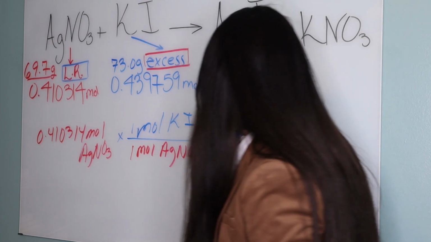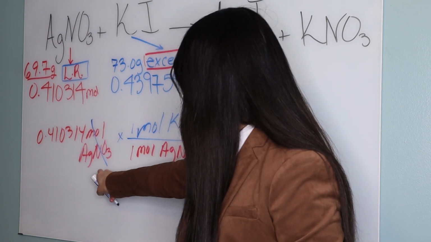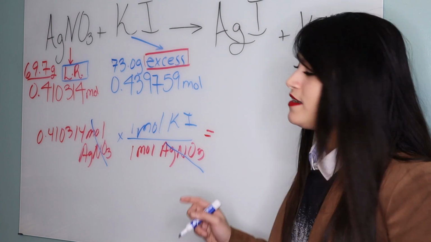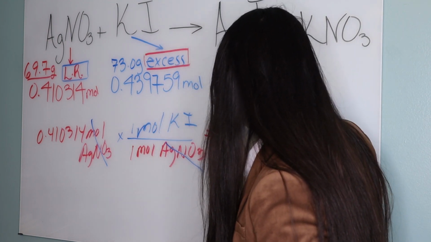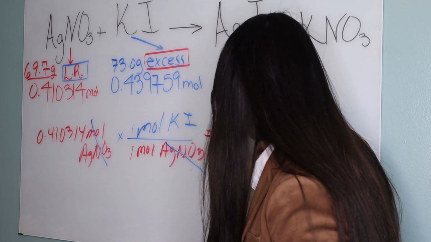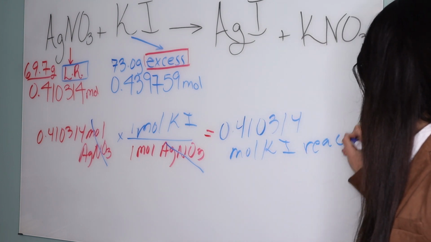It's going to be the exact same. But the key here is that moles of silver nitrate get crossed out, and we come out with moles of potassium iodide. And the answer is going to be 0.410314 moles of potassium iodide react.